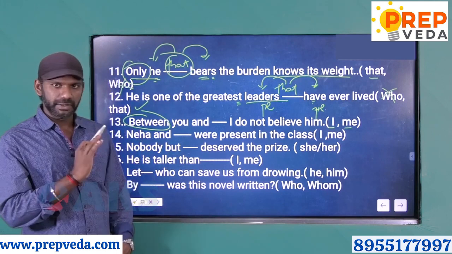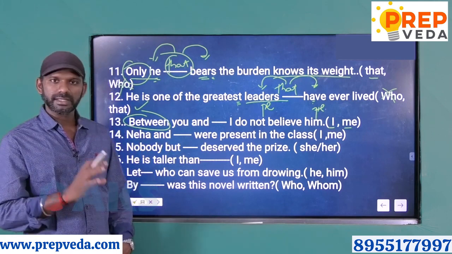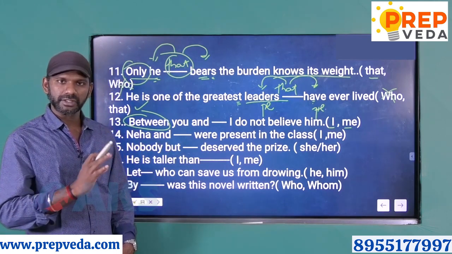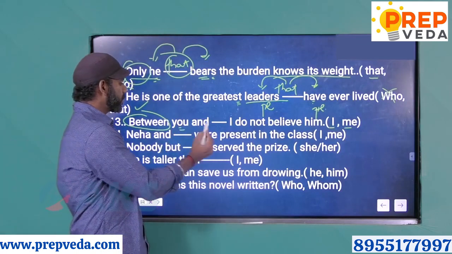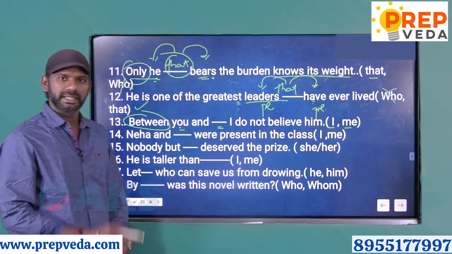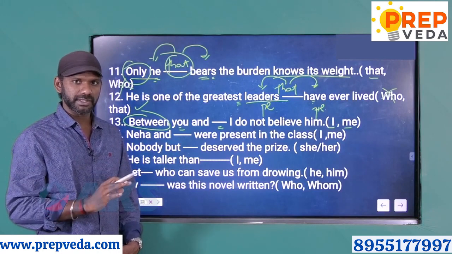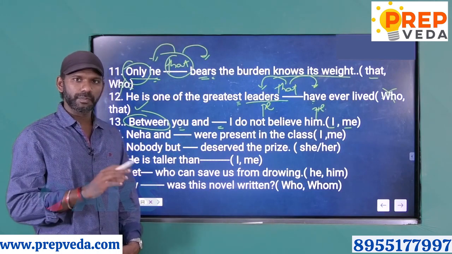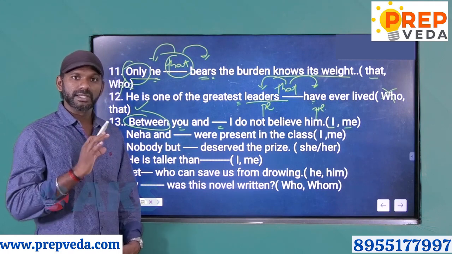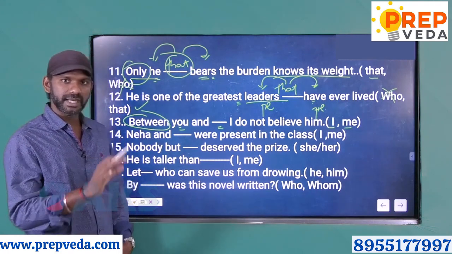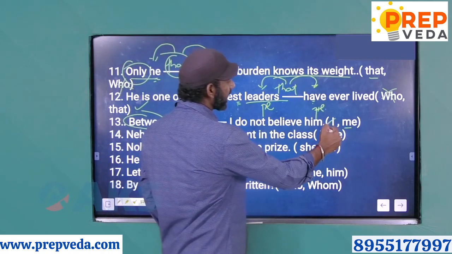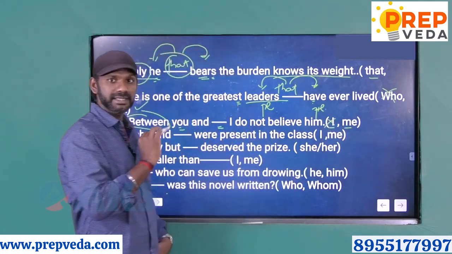Now in this sentence, between is a preposition. We have two pronouns coming after the preposition. One is you and the other one is blank. So both the pronouns must be in the objective form. Based on that, I is eliminated because I is subjective.